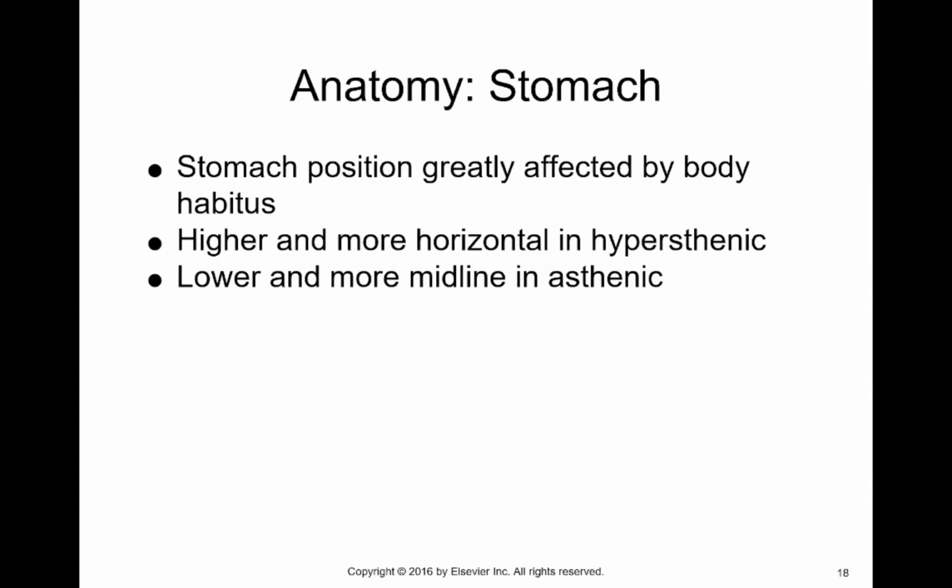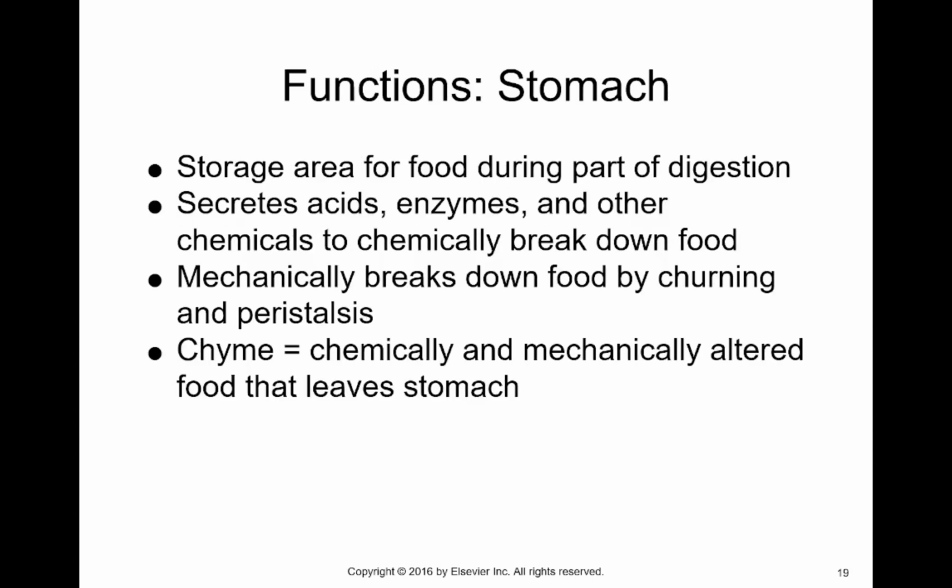It dips all the way down into the pelvic cavity in some cases, so that it's a very elongated J shape. With your hypersthenic patients, it might not really resemble a J, but in all other body habiti, it will look like some sort of J. And in an asthenic patient, it will be a very elongated J that dips all the way down into the pelvic cavity.